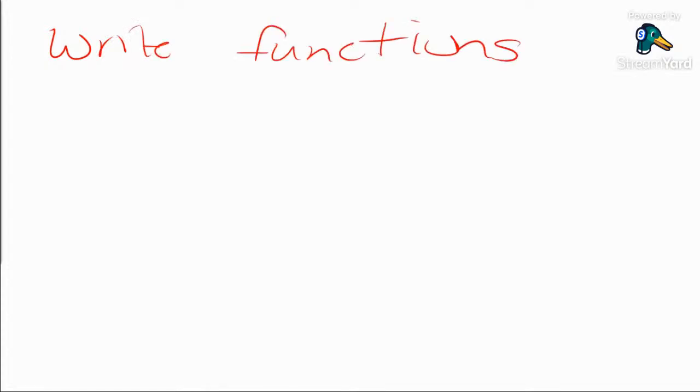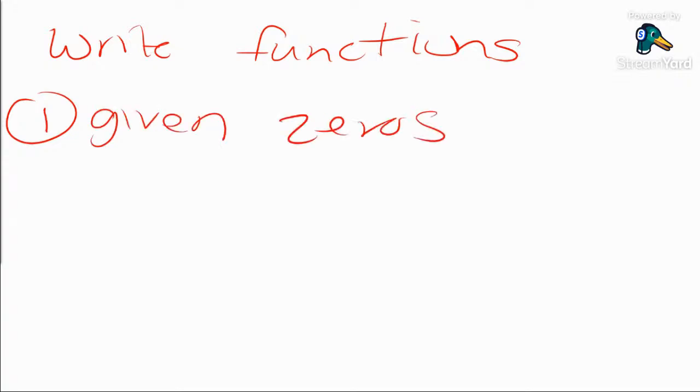So where this starts off is being able to write functions. One example is if we are given zeros. So an example would be if we are given the instructions to write a polynomial function, but we're given a set of zeros.